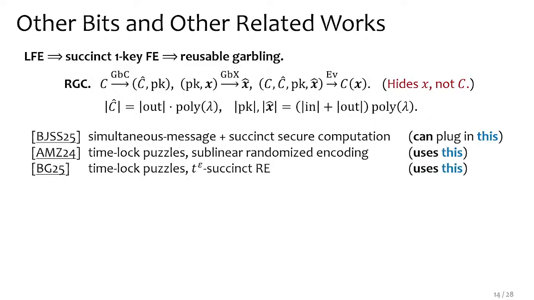And in two other works, they build succinct randomized encoding and time-lock puzzles. In these two works, they use our result. What I mean by that is that they crucially rely on the depth unboundedness of our evaluation procedure. So it's not just an upgrade, it's a necessity.